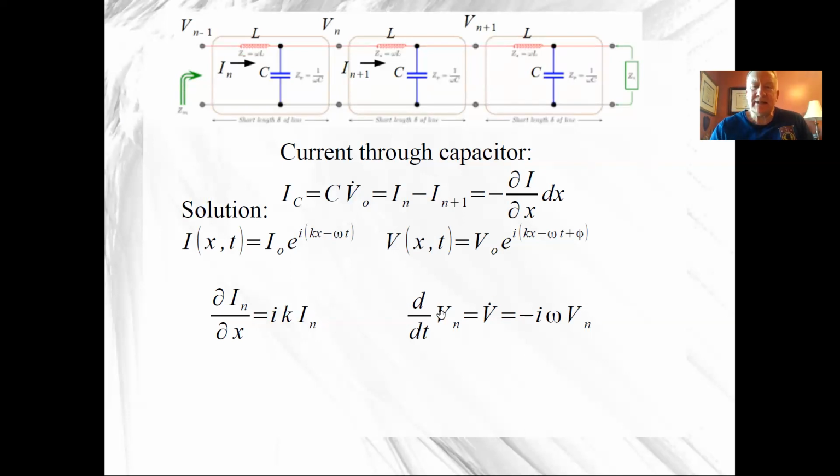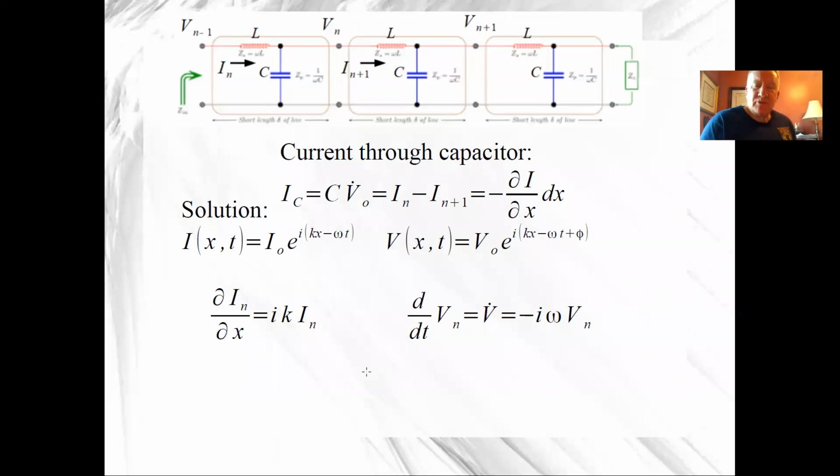So if we plug this in, we get I_C is equal to minus dI/dx dx. If we take the derivative of I with respect to x, it comes out to be ik times I_n.